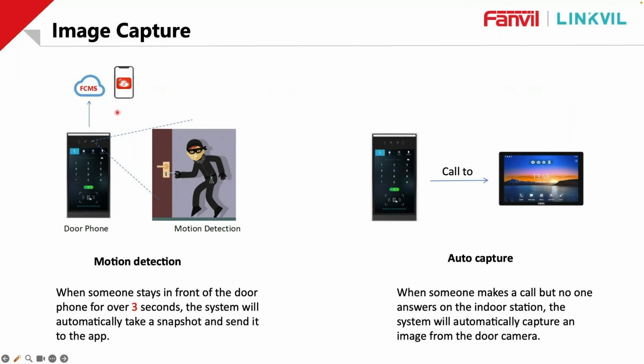Usually the property manager, through the property manager app, can receive that snapshot. So when someone is standing in front of the door for over 3 seconds, the system will automatically take a snapshot and send it to the app.